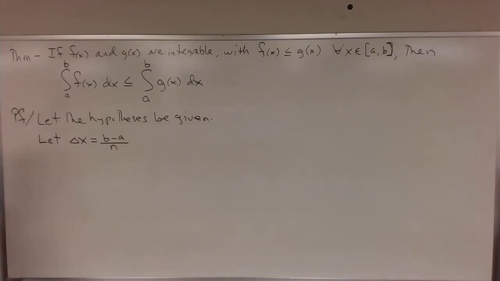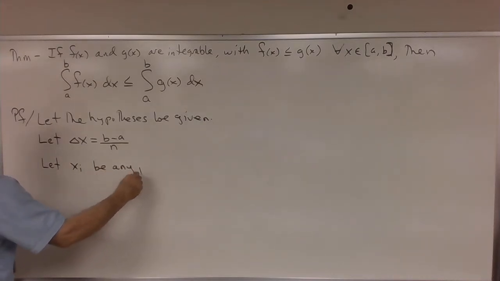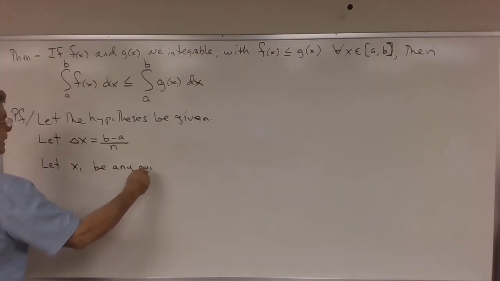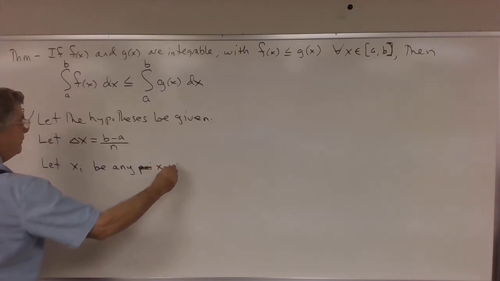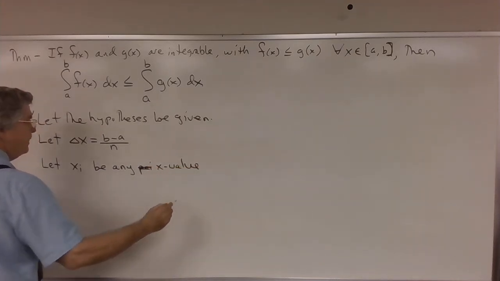I'll let delta x be b minus a over n. Let x sub i be any x value.